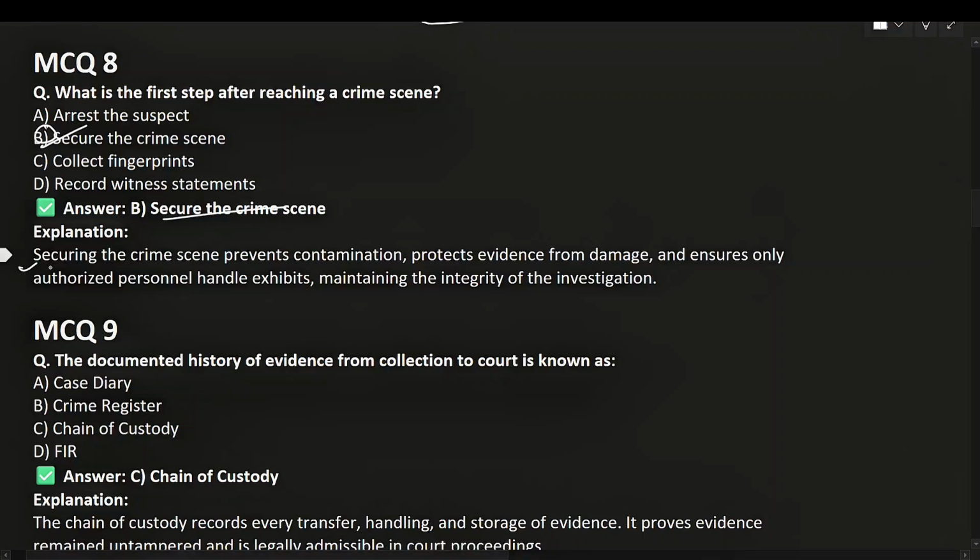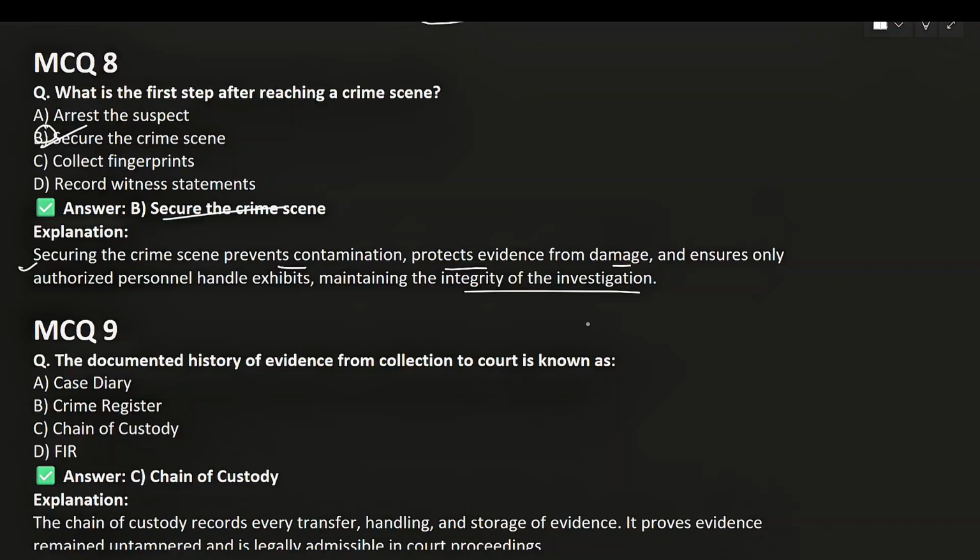Securing a crime scene prevents contamination, protects evidence from damage, and ensures only authorized personnel handle exhibits. It maintains the integrity of an investigation. So answer B is the correct option.